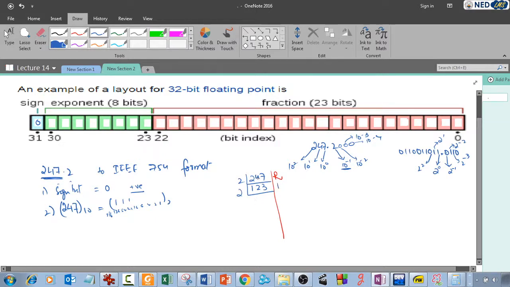Divide it again, and we get 61. The remainder would be 1. Divide 61 by 2, 2 into 30 is 60, so the remainder would be 1. 2 into 15 is 30, remainder would be 0. 2 into 7 is 14, remainder would be 1.